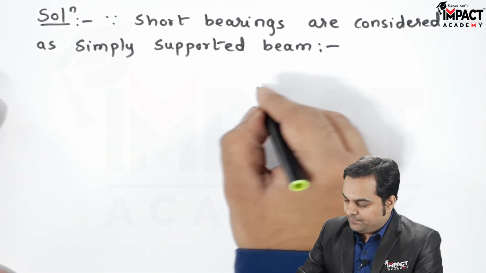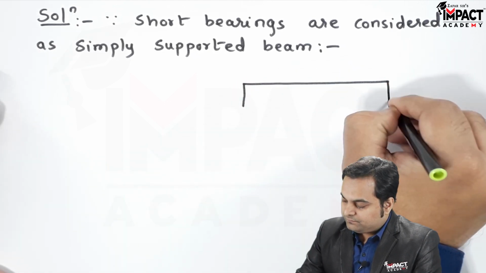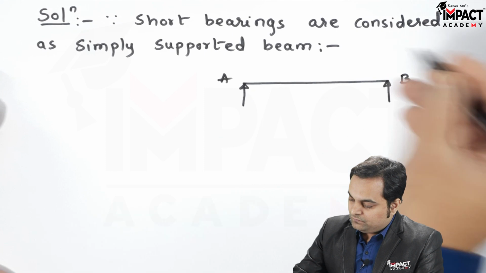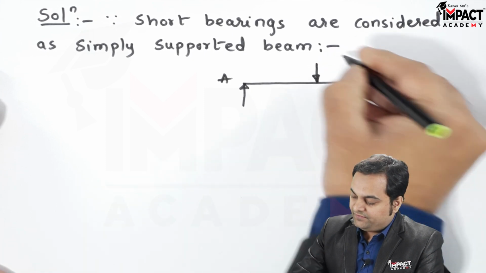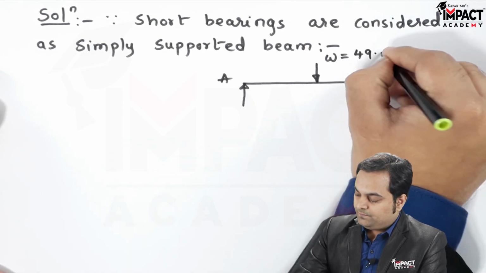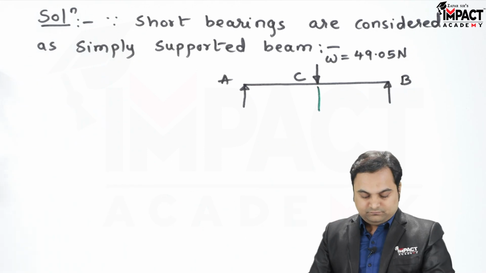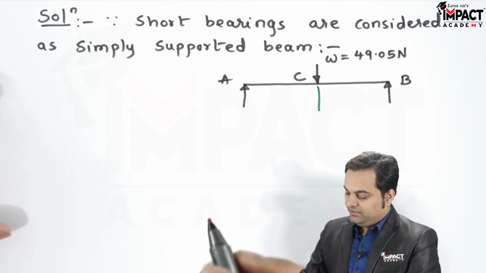So I'll draw the diagram of a simply supported beam. The load is at the center, and this load is corresponding to the weight of the disc. Exactly in the midway.